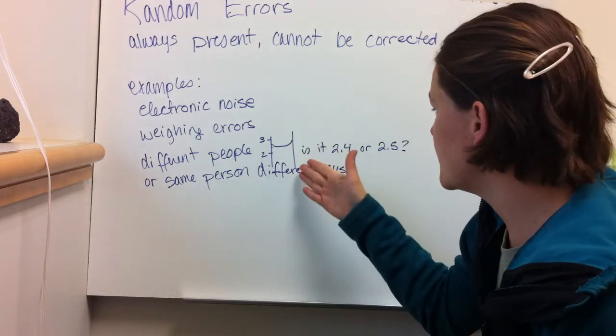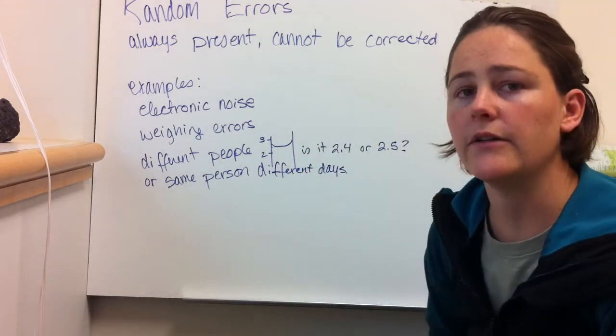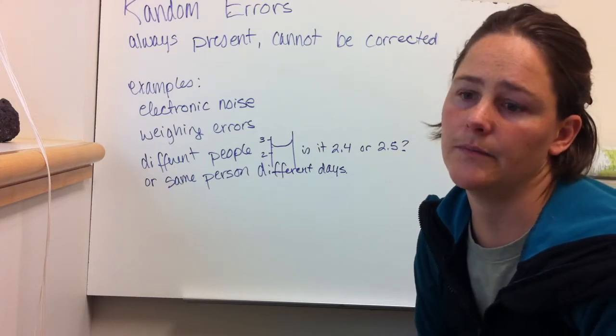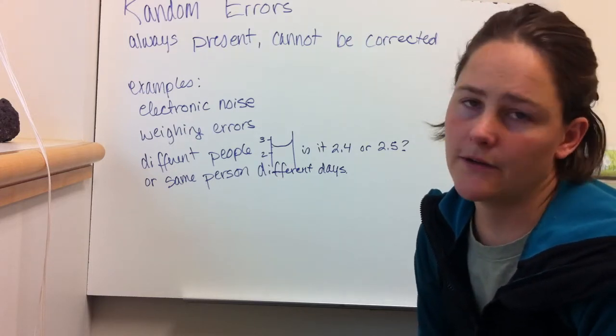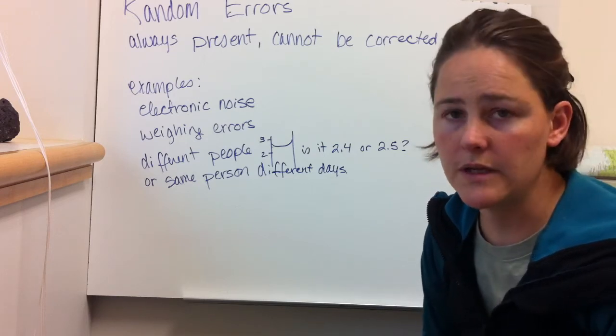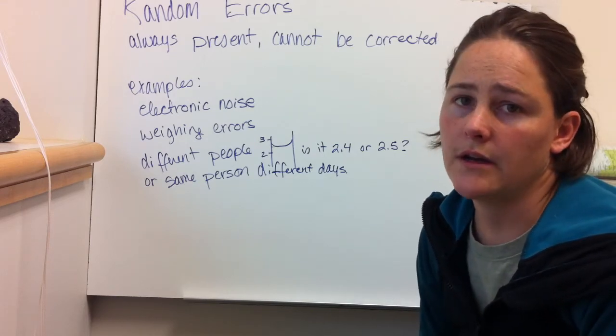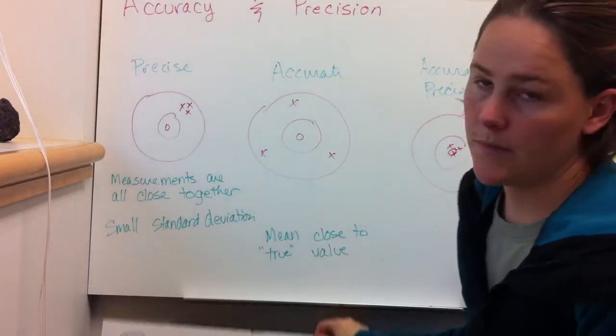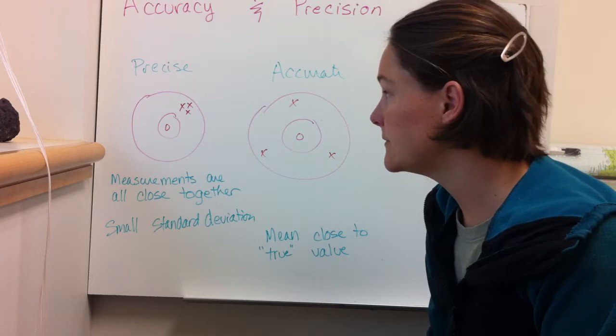Is this 2.4 or 2.5? I don't know. Those are the types of things that are random errors. You can't really correct for that. You can try to be as consistent as possible, but there are still errors. All measurements are still affected by random errors, no matter how careful.